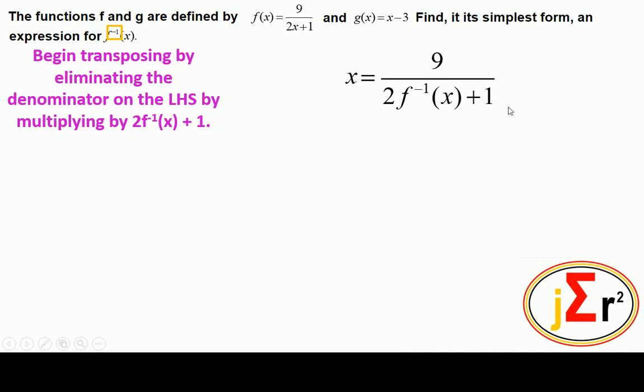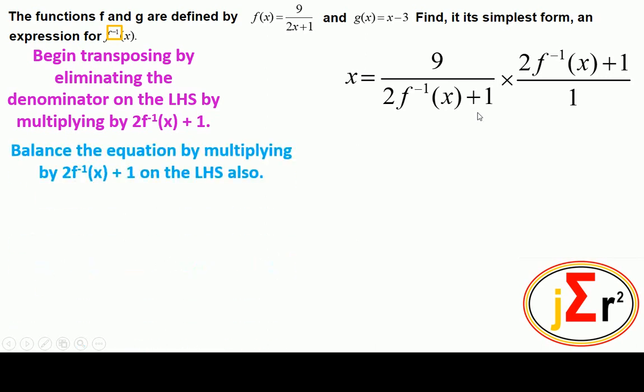We are cancelling it from the right hand side. By multiplying by the entire denominator on the right hand side, we will eliminate the entire denominator. But we cannot do that on one side alone. We have to keep the equation balanced by multiplying by the exact same thing on the other side of the equation.